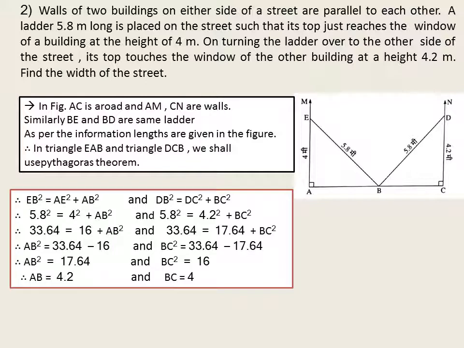In first triangle, using Pythagoras theorem, we get value AB is equal to 4.2 meter and value of BC is equal to 4 meter. That means now width of the street AB plus BC, because B is in between A and C, therefore AC equal to AB plus BC. That means 4.2 plus 4 is equal to 8.2 meter.